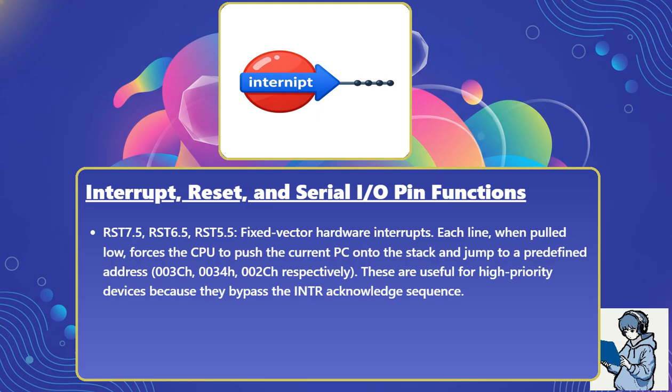RST 7.5, RST 6.5, RST 5.5: fixed vector hardware interrupts. Each line, when asserted, forces the CPU to push the current program counter onto the stack and jump to a predefined address: 003CH, 0034H, 002CH, respectively. These are useful for high-priority devices because they bypass the interrupt acknowledge sequence.